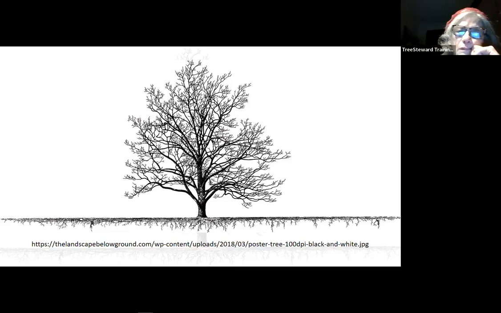And for the most part, the mass of the tree canopy and the mass of the root system are roughly equal. Now, there are lots of things that can cause that to go one way or the other. In particular, wind, which can put stress on the root system, can cause it to grow bigger to help hold the tree in place.